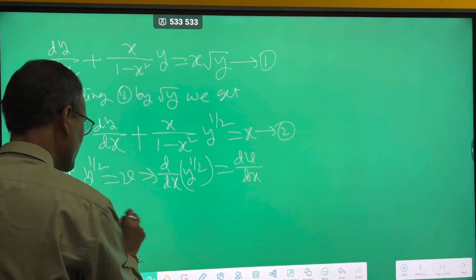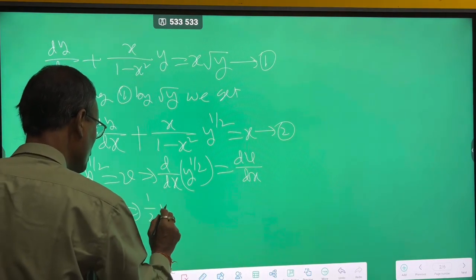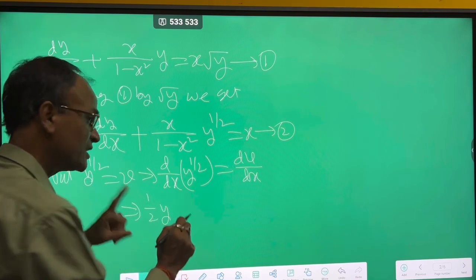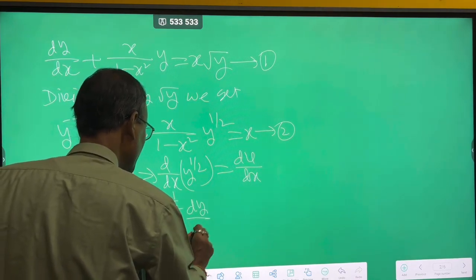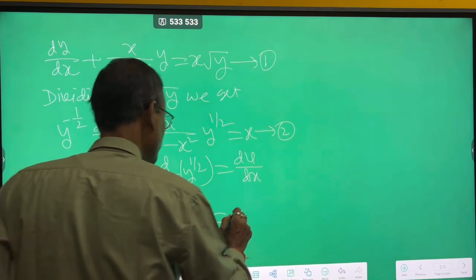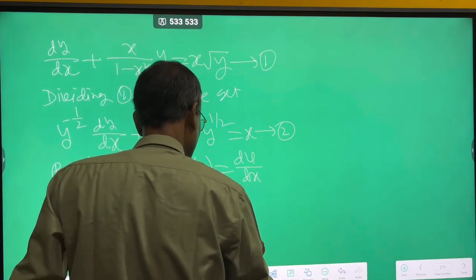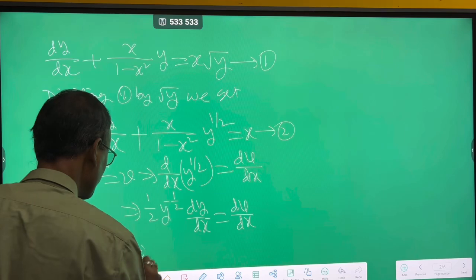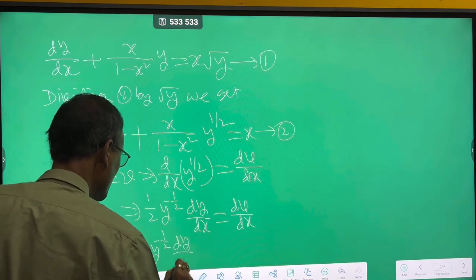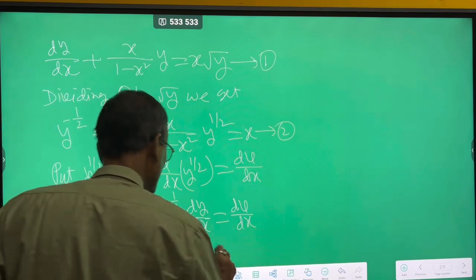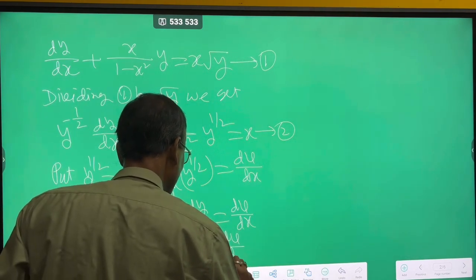This means 1 by 2 y to the power half minus 1, that is minus half, dy by dx equal to dv by dx. This means y to the power minus half dy by dx equal to 2 times dv by dx.